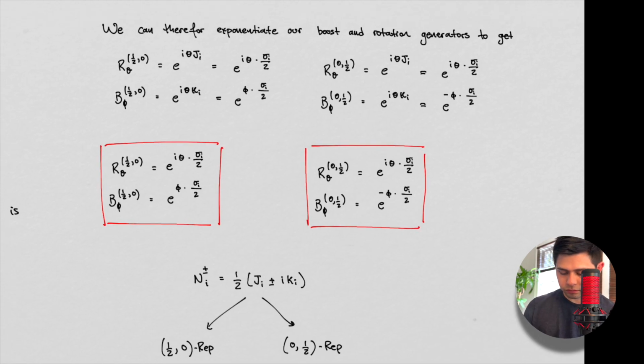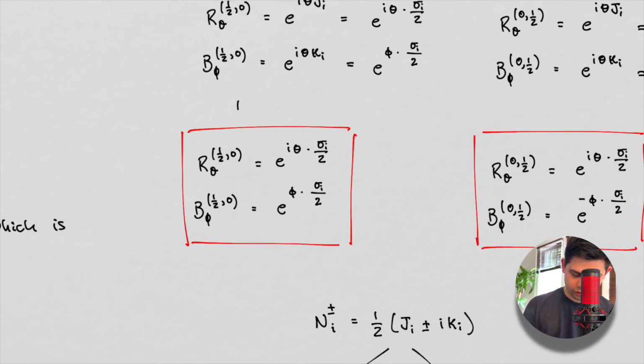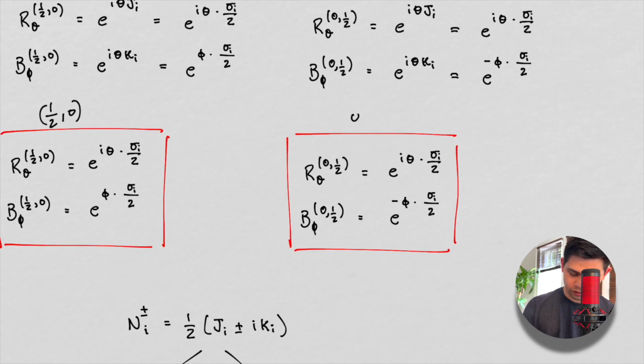I know I went through that a little bit fast, but a lot of it was just algebraic manipulations and then exponentiating our generators. And what we get is rotations and boosts for this representation, and this is for this representation.